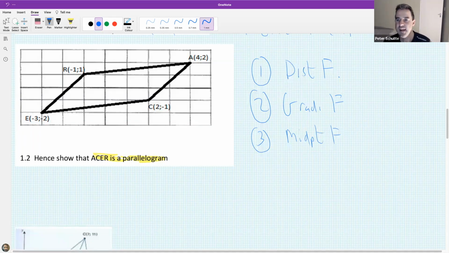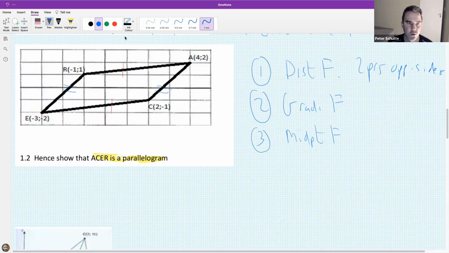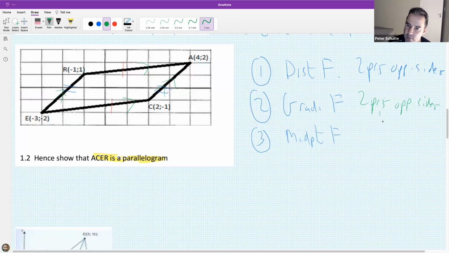Now, if you use the distance formula, you have to show that opposite sides are equal, and then it's a parallelogram because you have 2 pairs of opposite sides. If you want to use the gradient formula, you show that you have 2 pairs of opposite sides that are parallel.